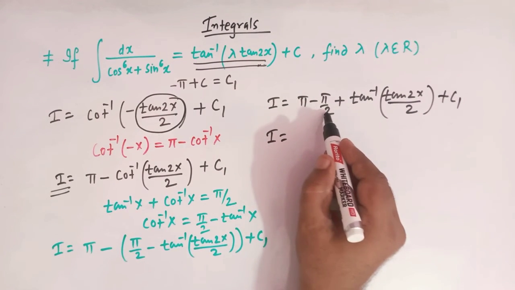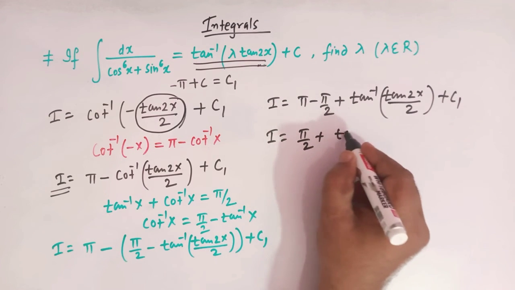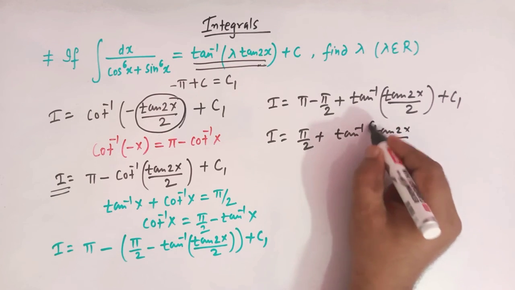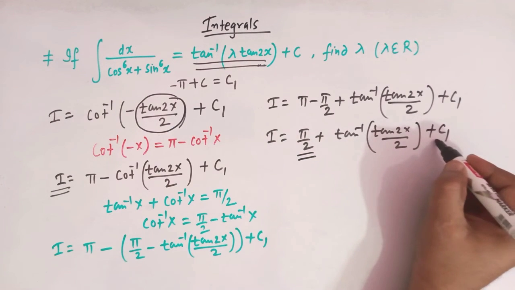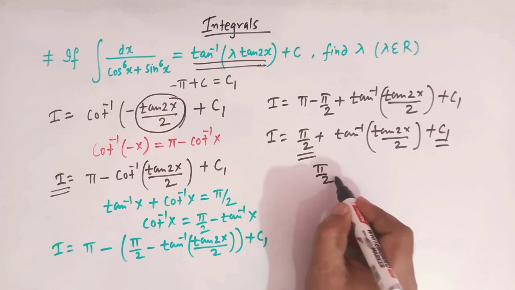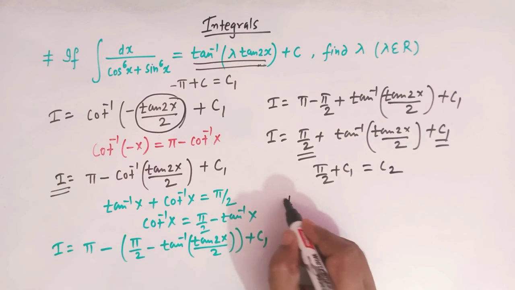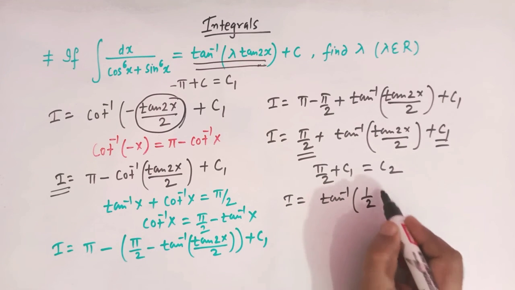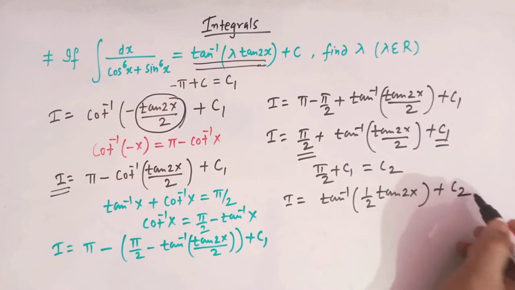And I is equal to pi minus pi by 2, which is pi by 2, plus tan inverse of tan 2x over 2 plus c1, right? And pi by 2 plus c1 is again some constant, say c2, right? So I is equal to tan inverse of half tan 2x plus c2, right?